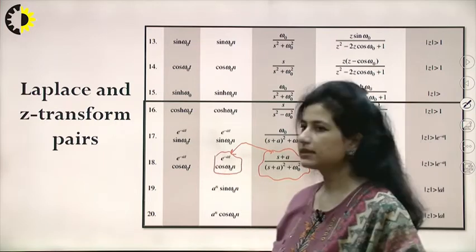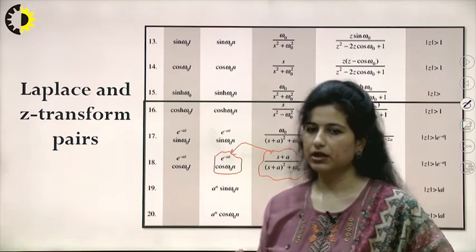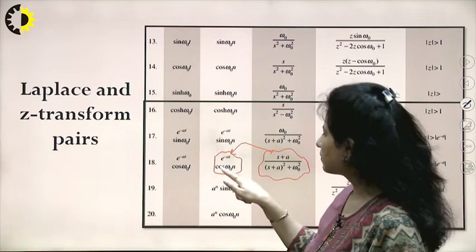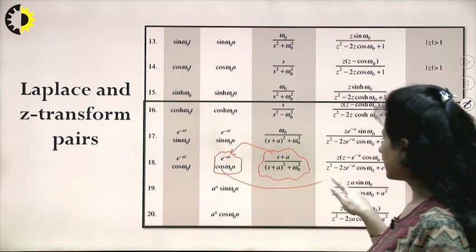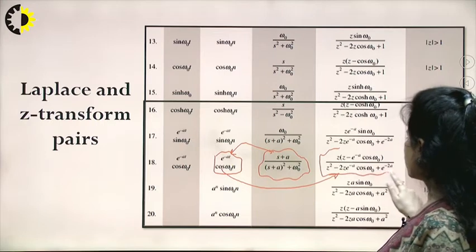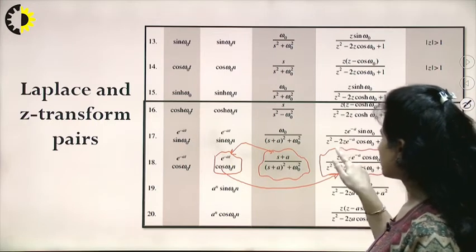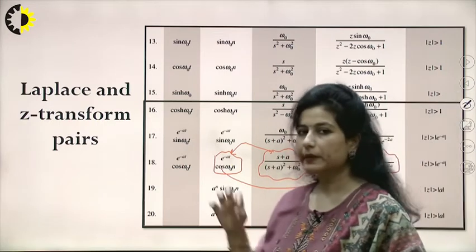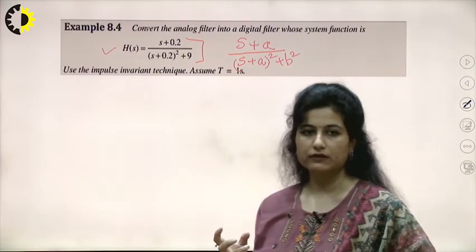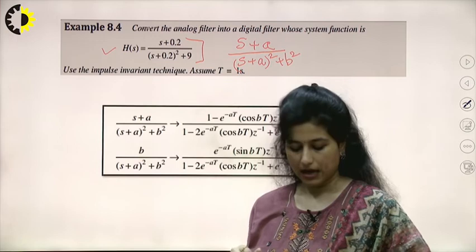So the first step for impulse invariant transformation is coming back to the time domain, and the third step is moving to the Z domain. Its corresponding mapping in the Z domain is represented by this function. By skipping these two steps, I get the final representation of my digital IIR system.